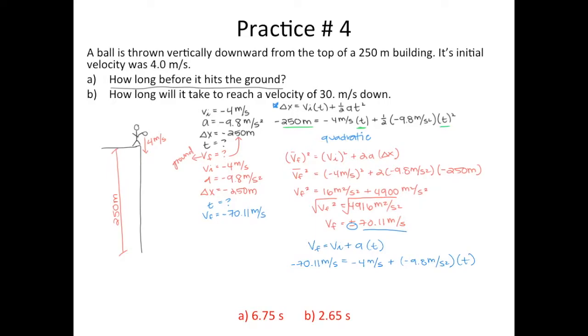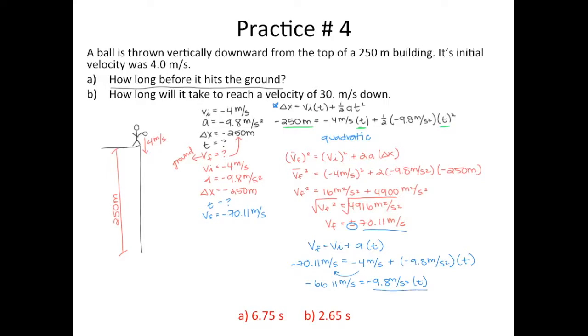So I'm going to move the 4 over and I'll say negative 70.11 plus 4 gives me negative 66.11 meters per second equals negative 9.8 meters per second squared times t.